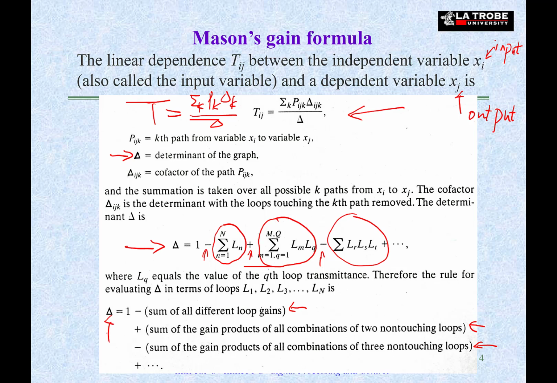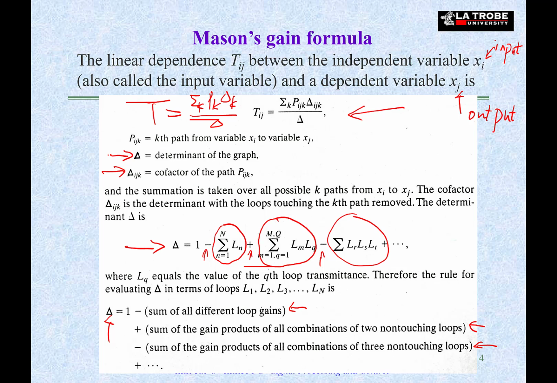After we get delta, we need to determine delta k, or delta ijk. If we ignore the subscripts, delta ijk basically is delta k. Delta k is called the cofactor of the path pk because it is associated with a path index k.